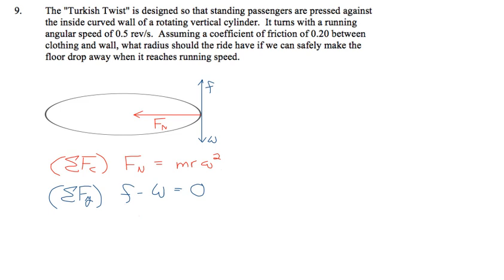So I'm going to replace friction with mu mr omega squared, because mu Fn is friction. So friction minus, now if I look at the problem, there's no mass or weight given in the problem. So I'm going to replace the weight with mg. So it's going to be minus mg equals 0. So there's my equation.